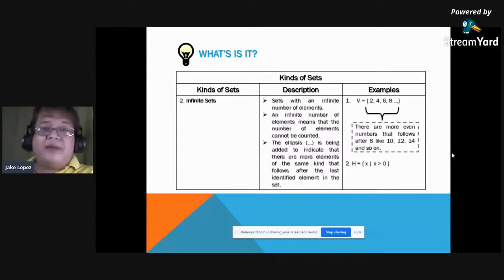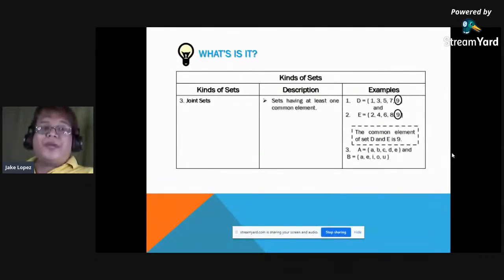So marami pang mga numbers. So pwedeng 10, 12, 14, 16, 18, 20, 22, 24, and so on. Okay? So ito rin, number 2, H equals all x's such that x is greater than 0. Greater than. Ibig sabihin ay more than 0. So we have the 1, 2, 3, 4, 5, 6, and so on so forth. Okay?